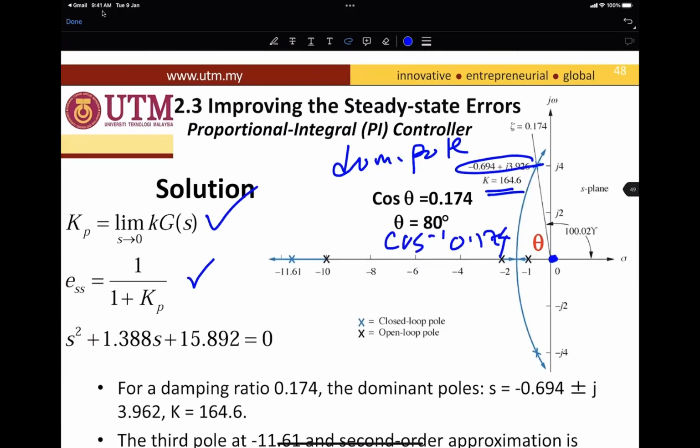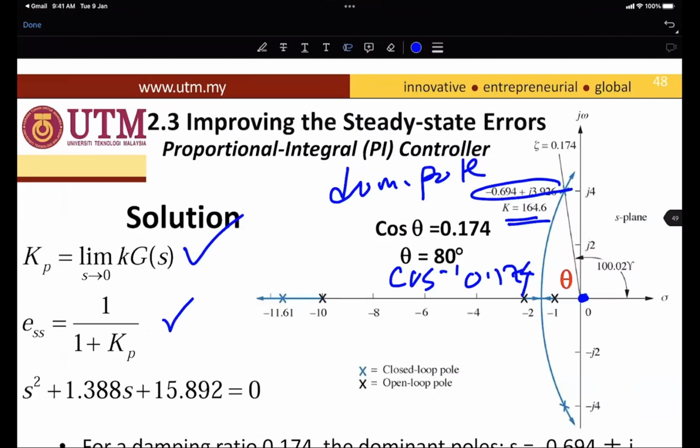So we can calculate the error first. Let us use MATLAB to calculate the error. I show you here. First, we share the MATLAB.